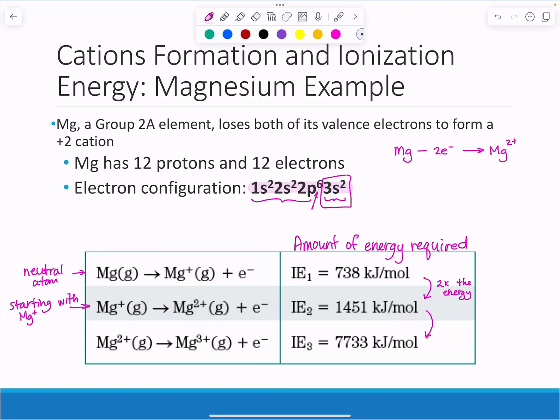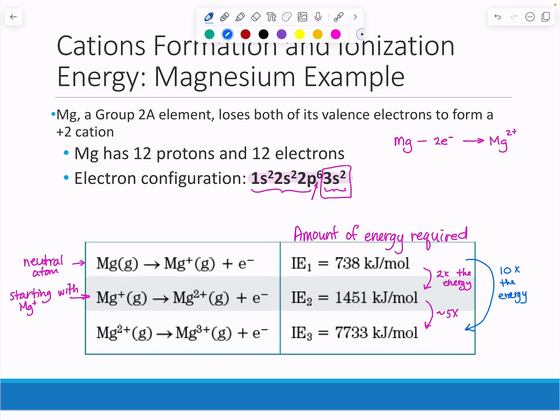If we compare it to the second ionization energy, it's maybe about 4 or 5 times. But if we compare it to taking that first electron off, it's 10 times the energy. So again, main point, the more electrons you take off, the harder it is.